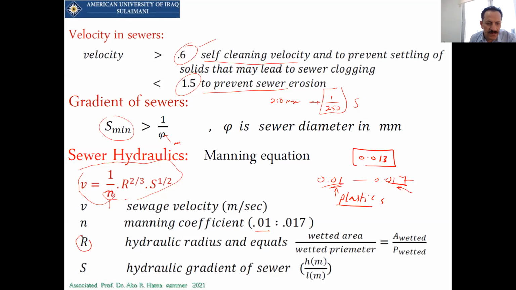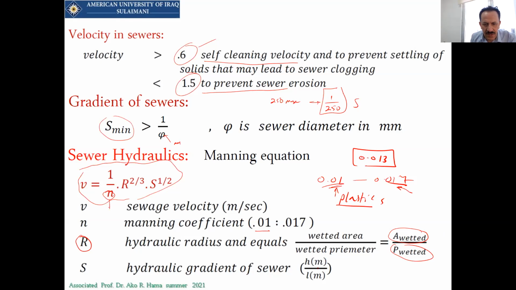We say that we have a hydraulic radius, which is equal to the area. And which area? The wetted area, meaning the area that will be covered by the flow, and the P, which is the perimeter, and the hydraulic slope.